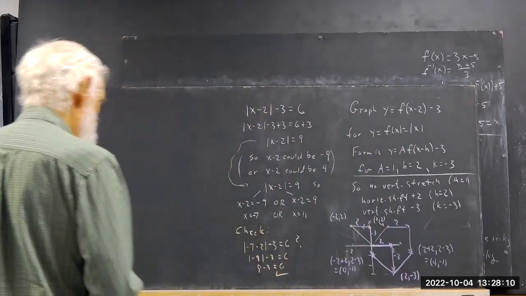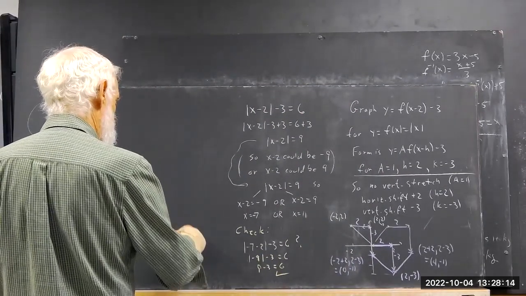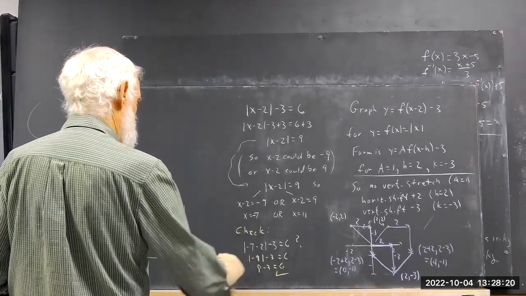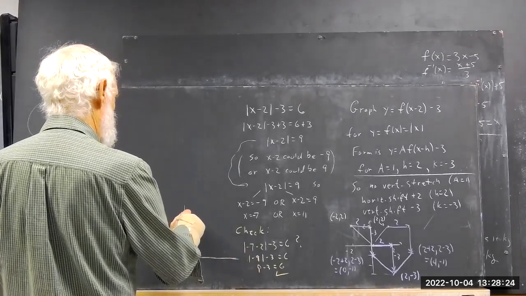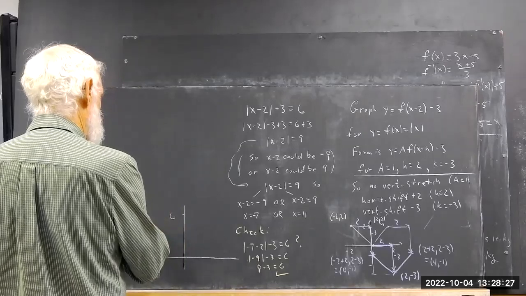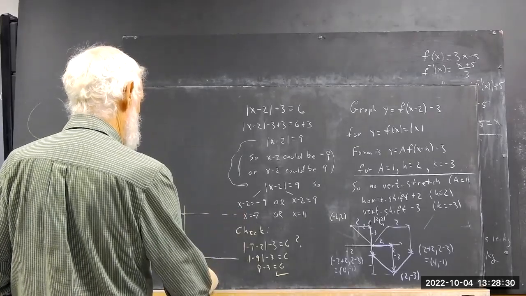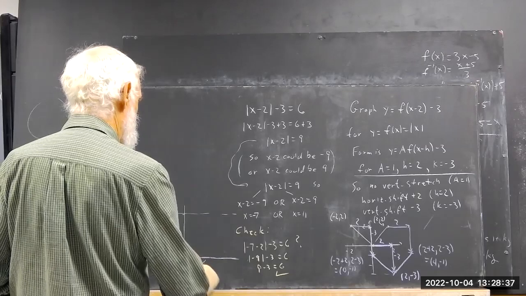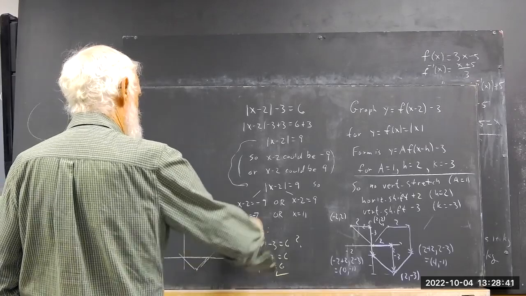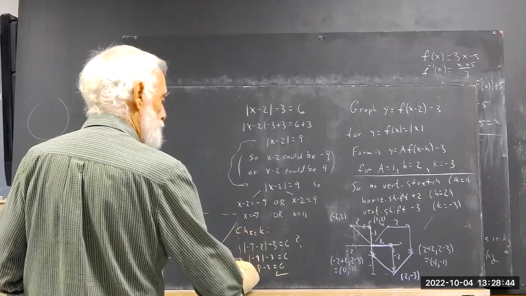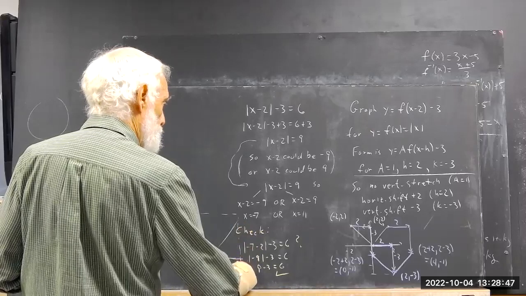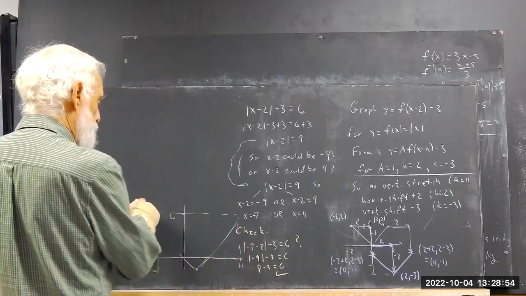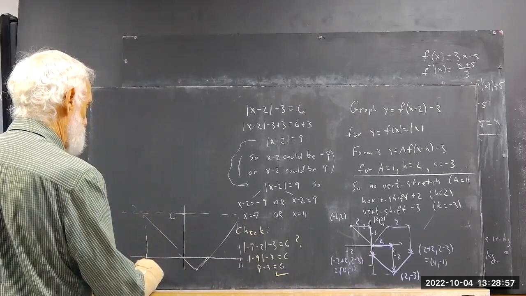So what I'm going to say is if my graph is like this, okay, and y equals 6 up here, and my graph is down here, then come out here, I come down, and it's very plausible that my x coordinate here would be 11, and over here, my x coordinate might be -7.